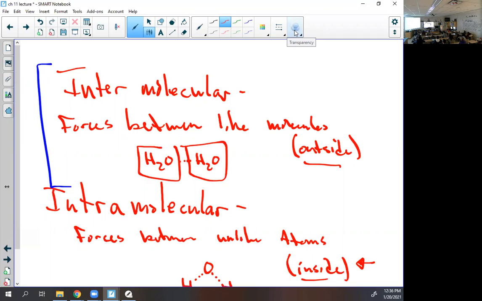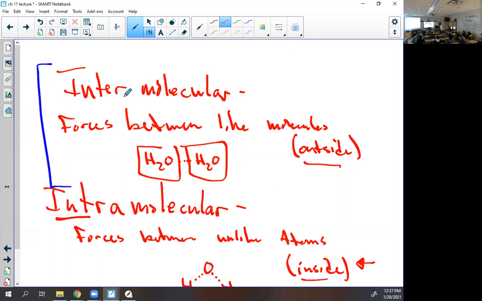We all year have been talking about intramolecular forces. Now, we don't really use that term all that often, but an intramolecular force is a force between unlike atoms. It's like the bonds between atoms.